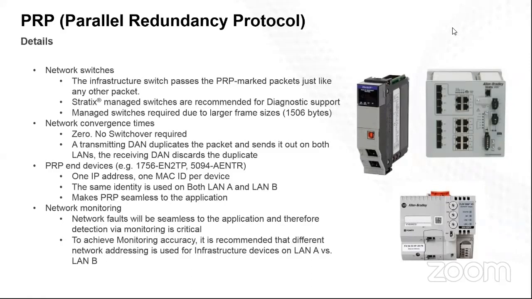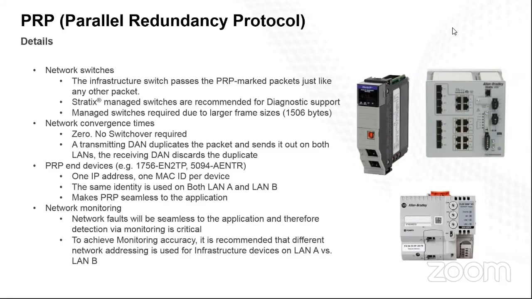Again, network convergence times are an important thing with redundant networks. There is none with the parallel redundancy protocol, compared to any other ring network, which is going to have some sort of switchover requirement. How does this work? At a very high level, I'll explain it. The PRP nodes, or the dually attached nodes, will send out two packets simultaneously.